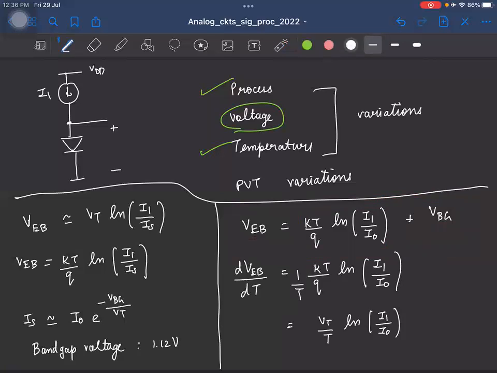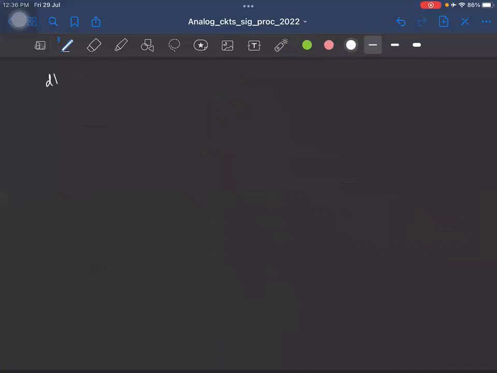So I'll put it in the next page. So the first derivative is, we had Vt ln I1 by I0 by T, and the numerator is basically VEB minus VBG.